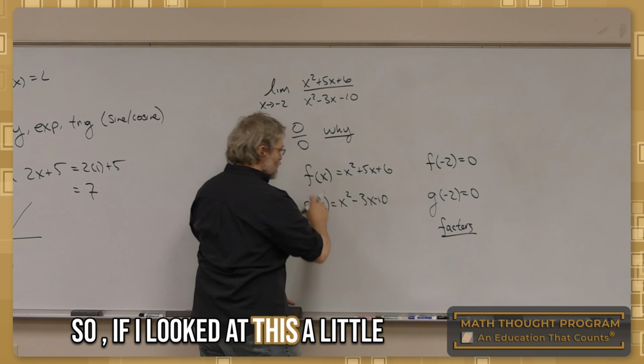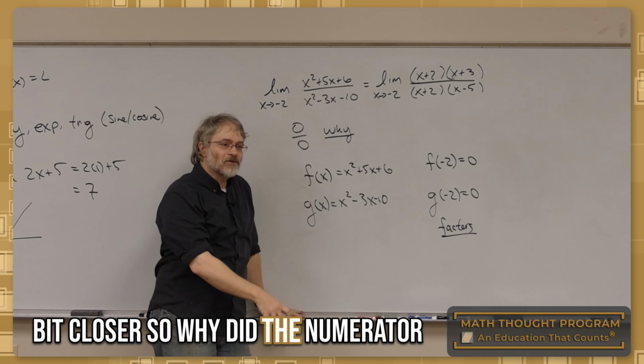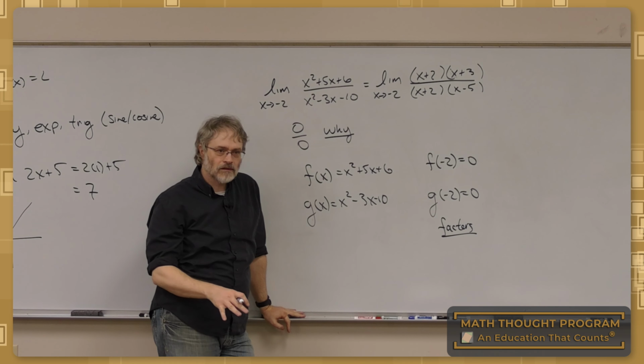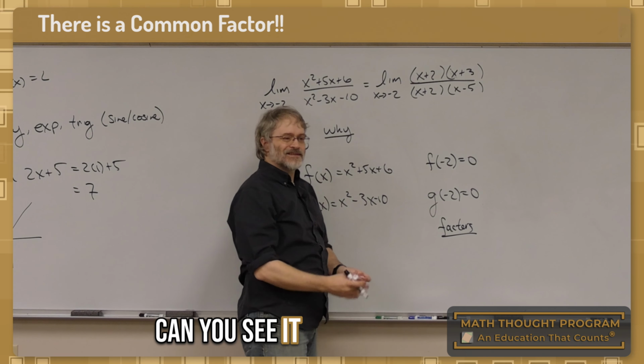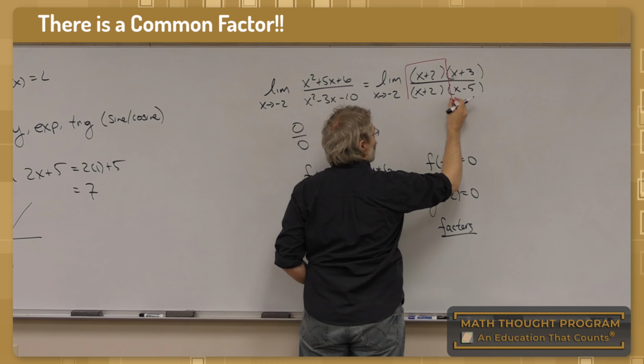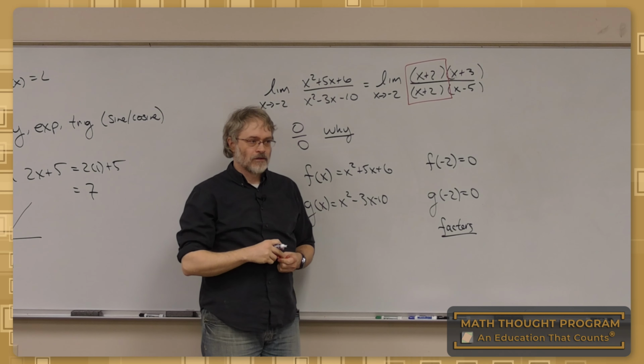So if I looked at this a little bit closer, why did the numerator and why did the denominator both 0 out? Can you see it? There's a common factor.